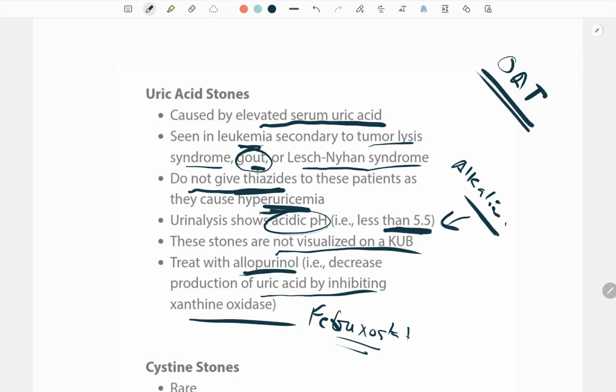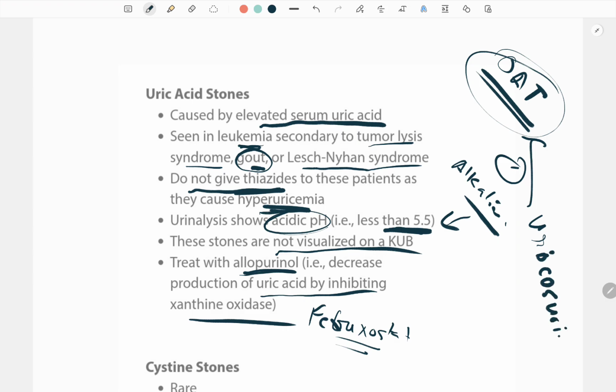So uric acid gets absorbed because of these transporters, and this is getting inhibited by the uricosuric drugs that are used to treat gout. So that's why probenecid and sulfinpyrazone are not used, because of these two reasons.